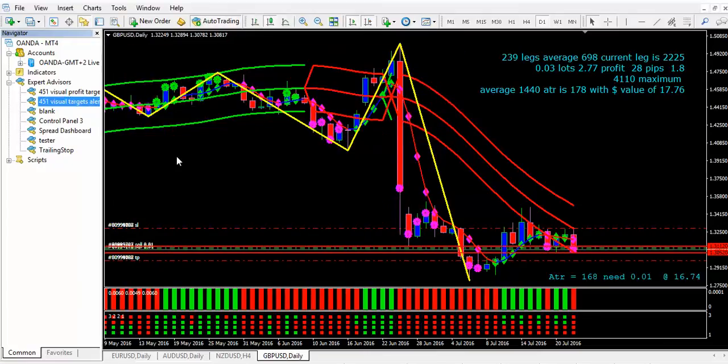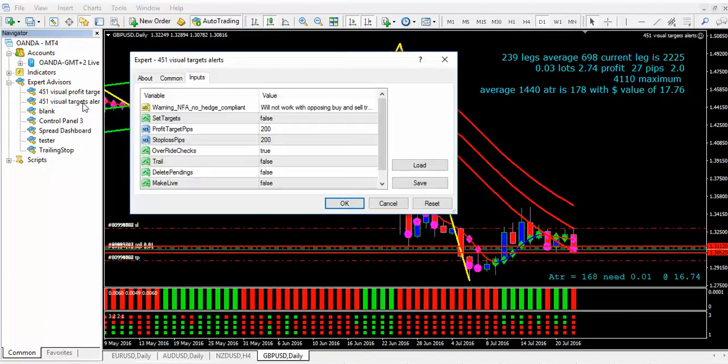So now the auto trade, or EAs, will work, is what that means. True. It's going to set my profit target at 200 pips, my stop loss at 200 pips.